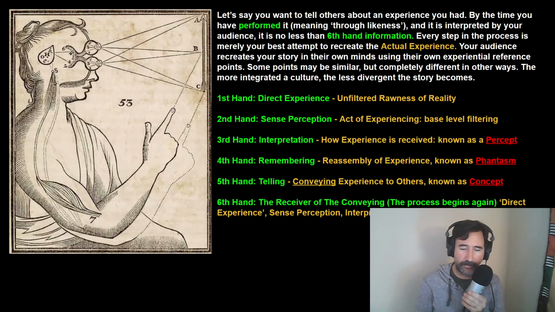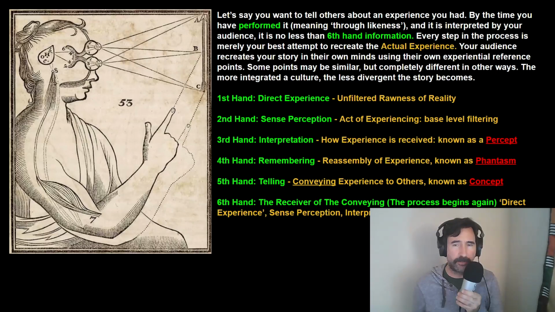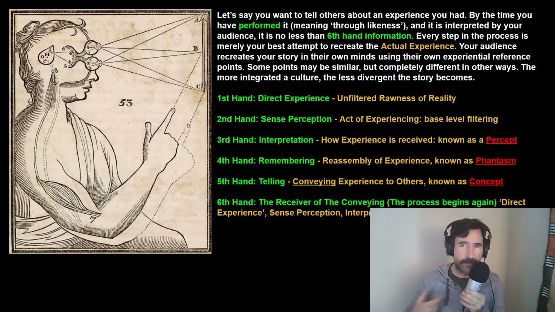If you look at every little transformational step, which we're about to review, you'll see why this is the case. Every step in the process is merely your best attempt to recreate the actual experience, because if you want to tell a story the best way you can, you try to recreate the actual experience.